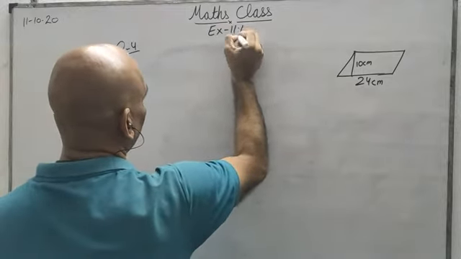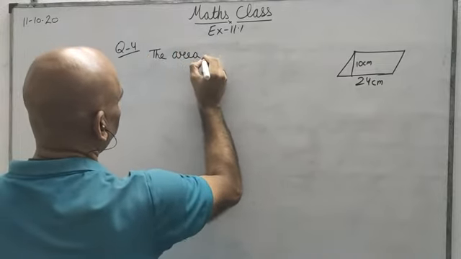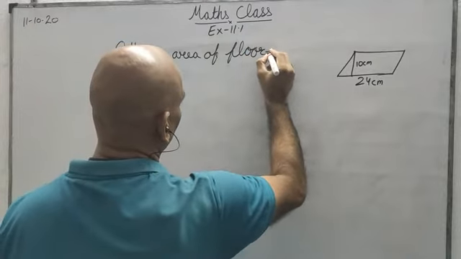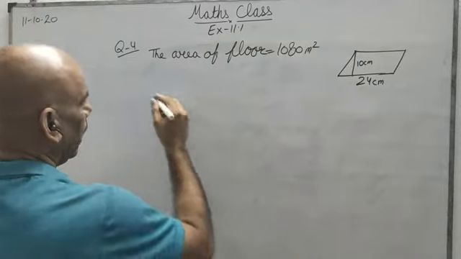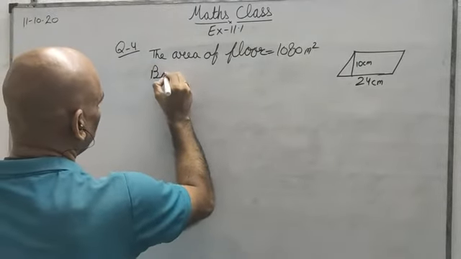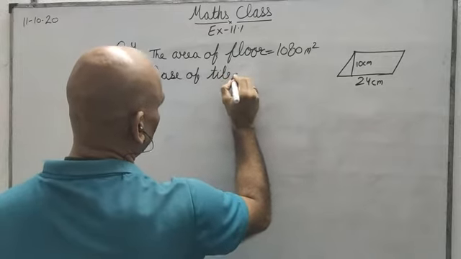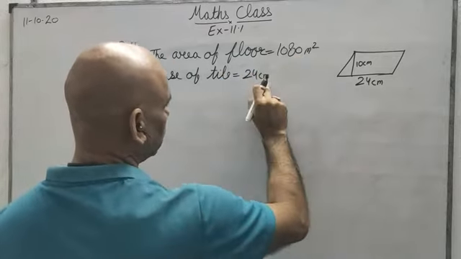exercise 11.1. The area of floor is 1080 meter square and base of tile is 24 centimeter. So this is meter, this is centimeter.